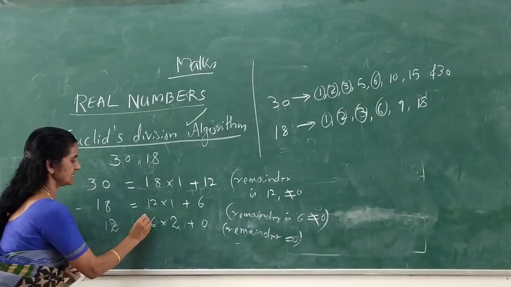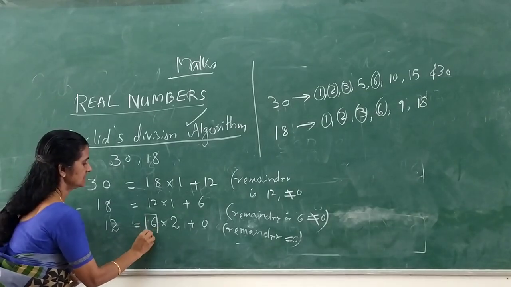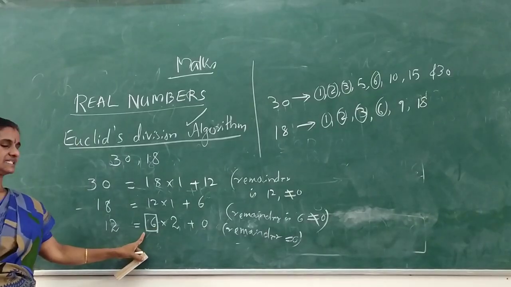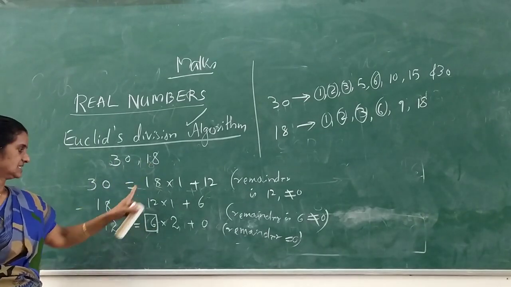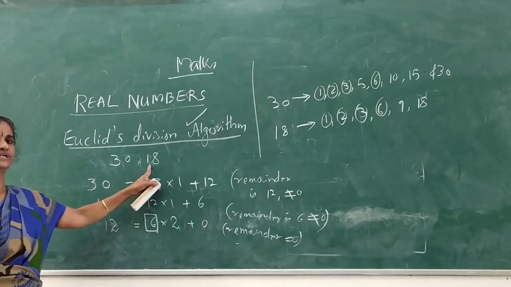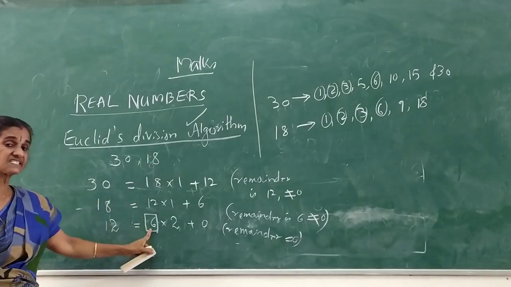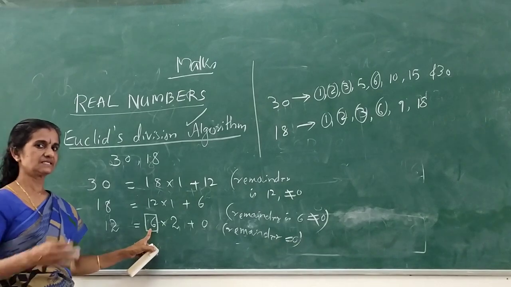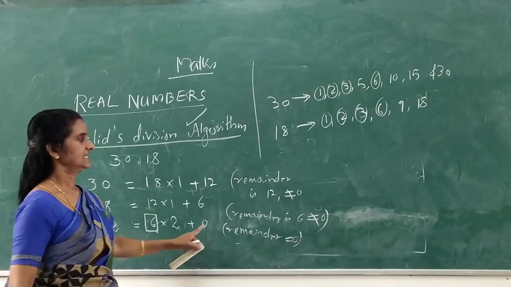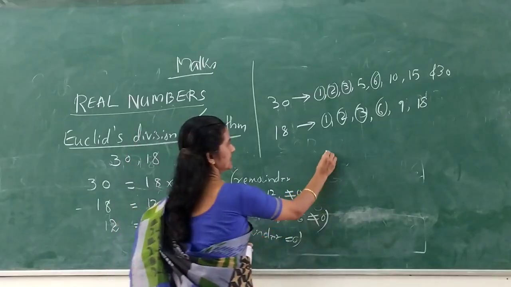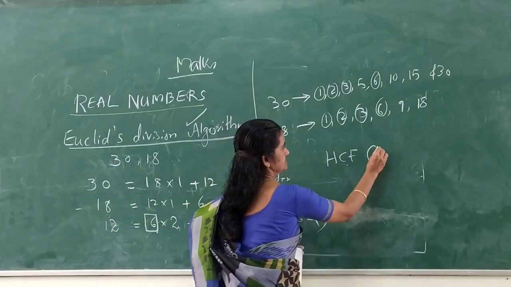In the last step, the remainder is equal to 0 and the divisor is 6. This number is the HCF of the two given numbers 30 and 18. That means HCF of two numbers is the divisor in the last step, the step in which the remainder is equal to 0.